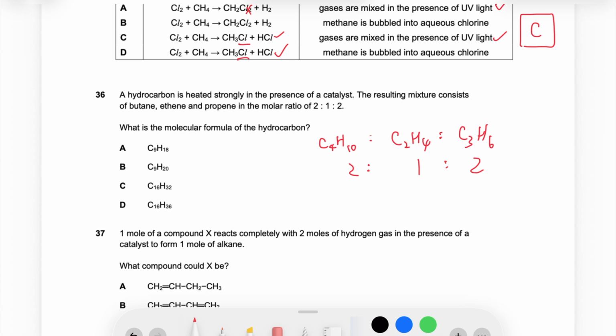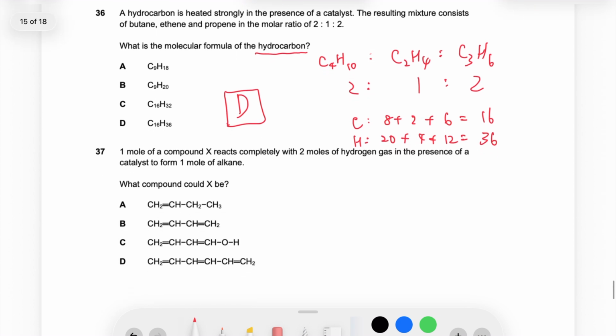So if you want to get back the initial hydrocarbon, you just have to add up. In terms of carbon, there's 8 plus 2 plus 6, so the total will be 16 carbon. Hydrogen will be 20 plus 4 plus 12, so you get 36. Answer is D.